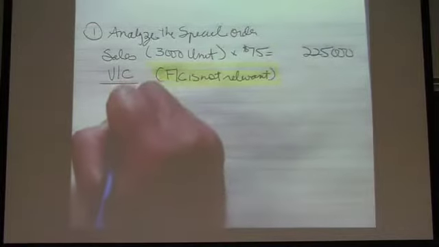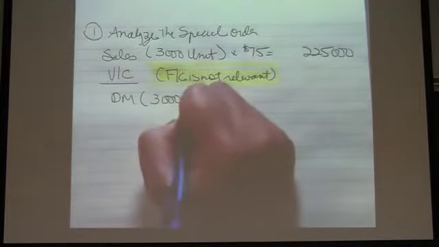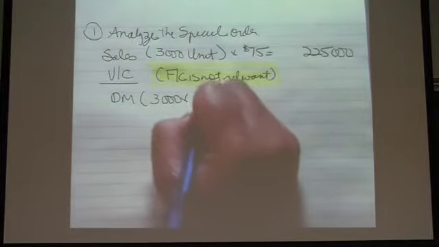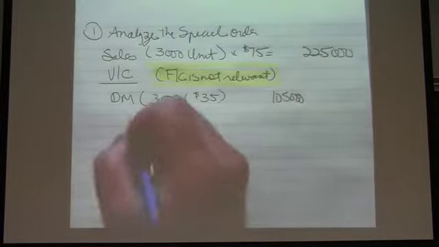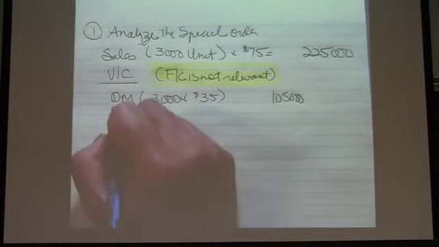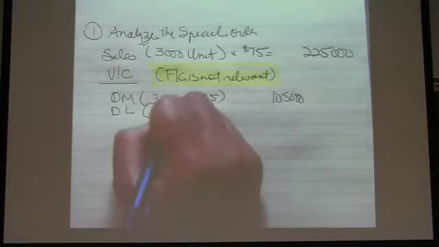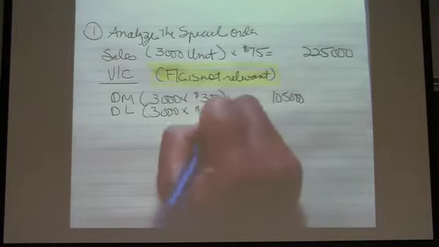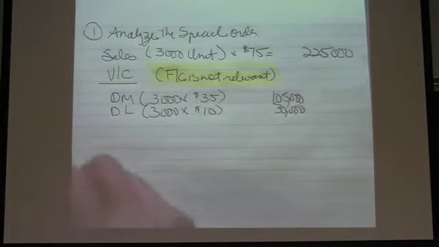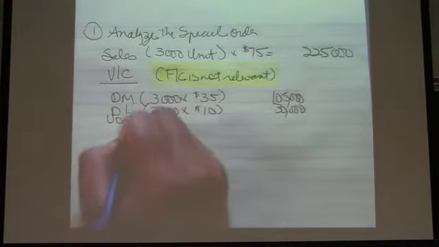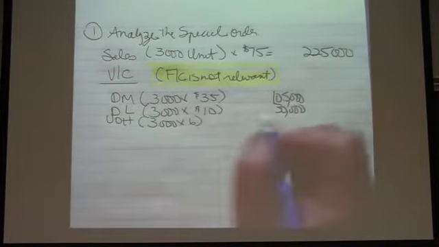Direct materials, we're told, is 3,000 units at $35 per unit. Direct labor is 3,000 times $10. Variable overhead is 3,000 times $6.